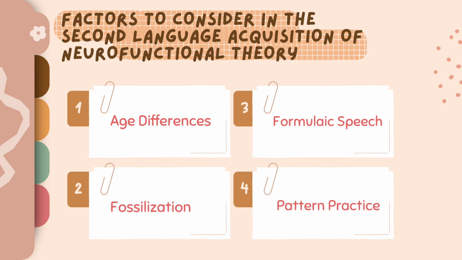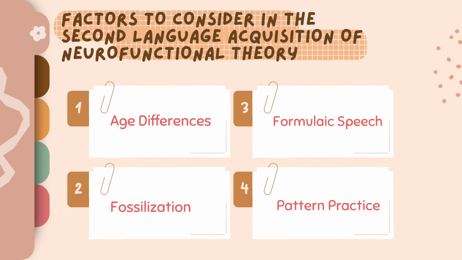Next is formal-like speech. Formal-like speech consists of expressions which are learned as unanalyzable wholes. These expressions can be idioms, proverbs, pause fillers, counting, or swearing, which means a speaker may produce an utterance he learned knowing its function without knowing anything about its structure.